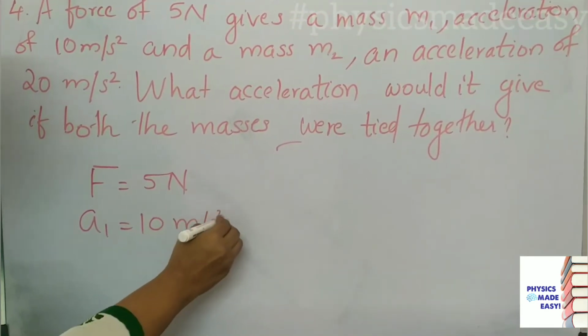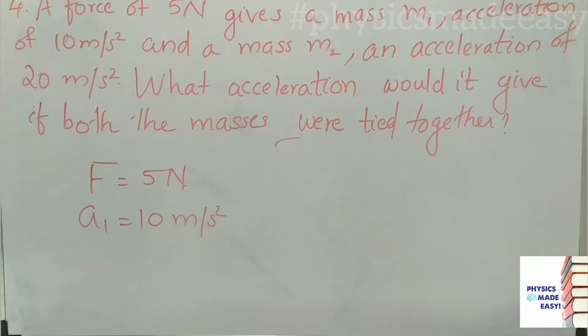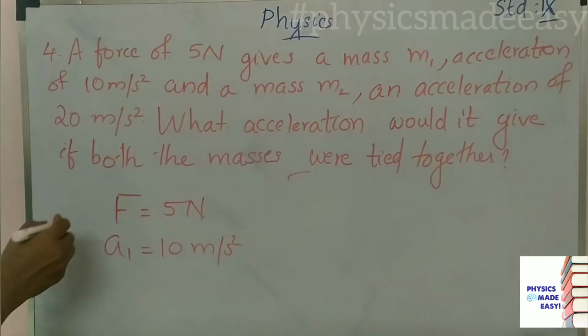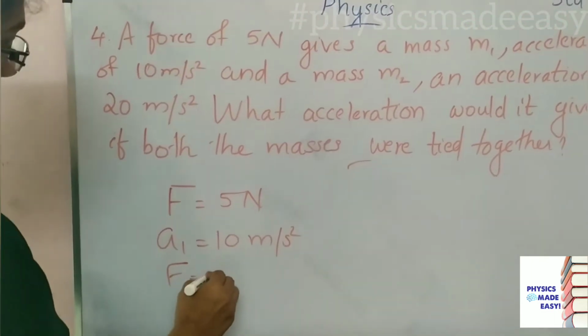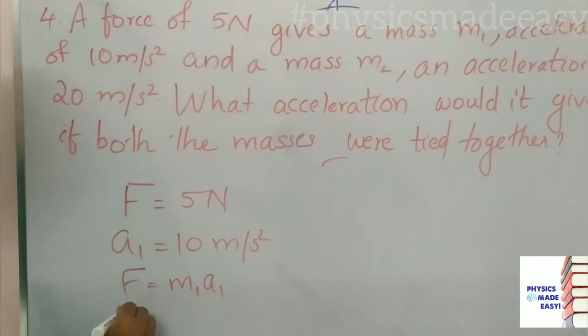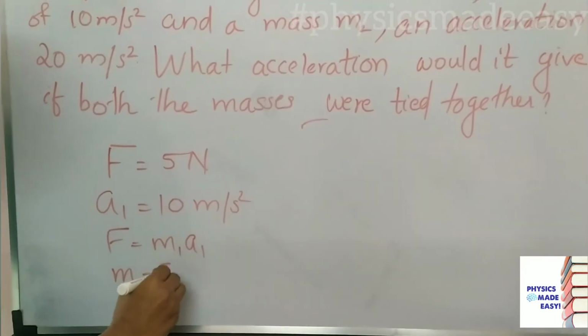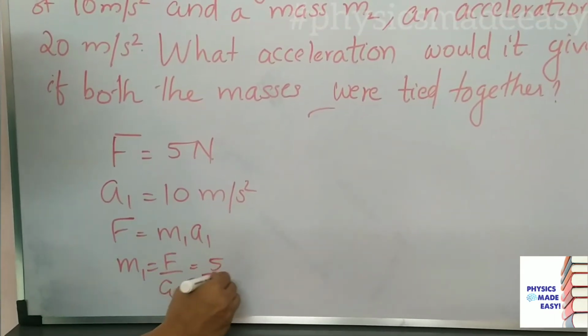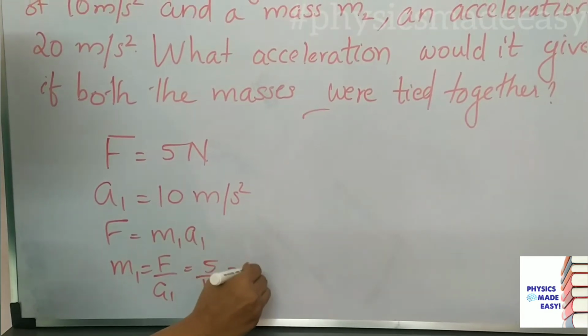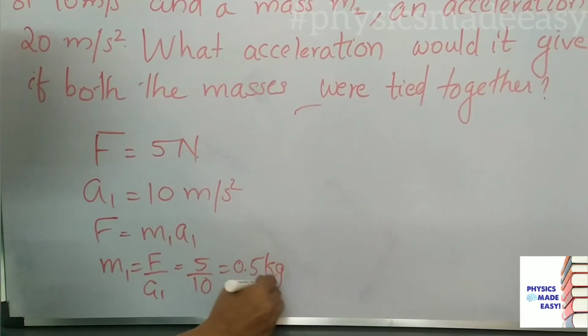So here we can write a1 is equal to 10 meter per second square. From these two we can find the mass. You can write m1 a1, then m1 is equal to F by a1, that is equal to 5 divided by 10, 0.5 kilogram.